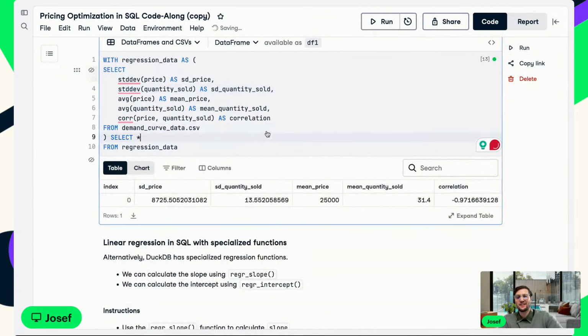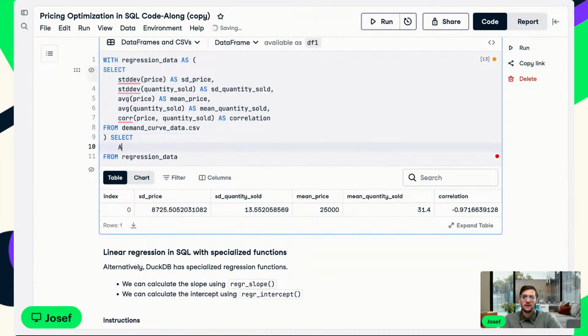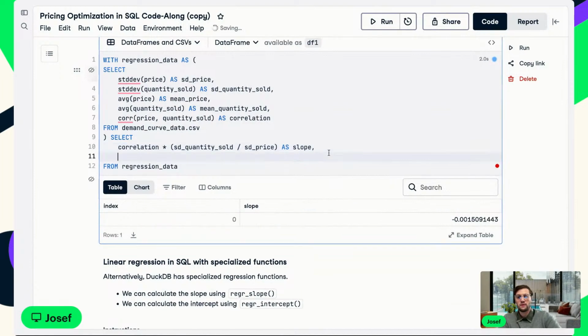Okay, there we go. So let's do the slope as slope. Let's figure out the slope. The slope we know is the correlation multiplied by the quotient of the standard deviation of quantity sold divided by the standard deviation of price. There we go. I'll run these one at a time.